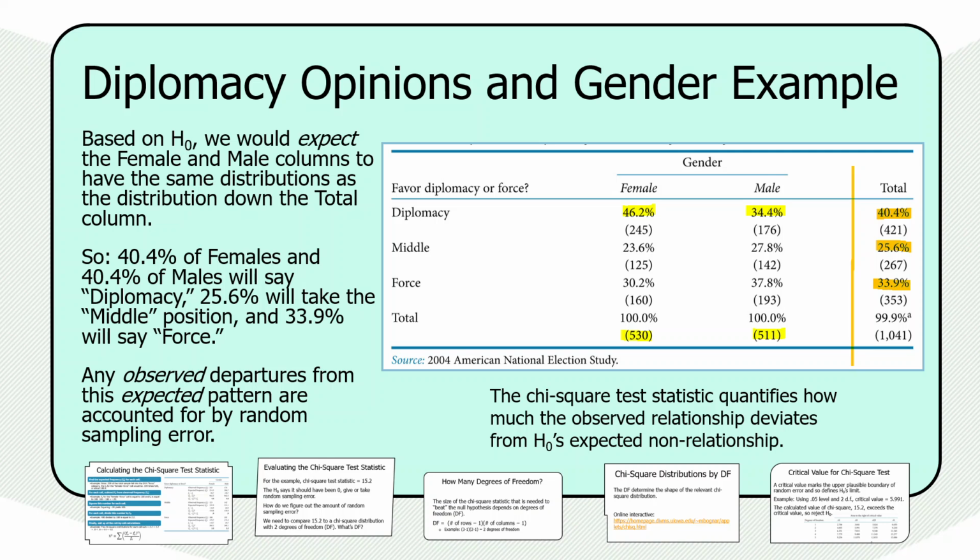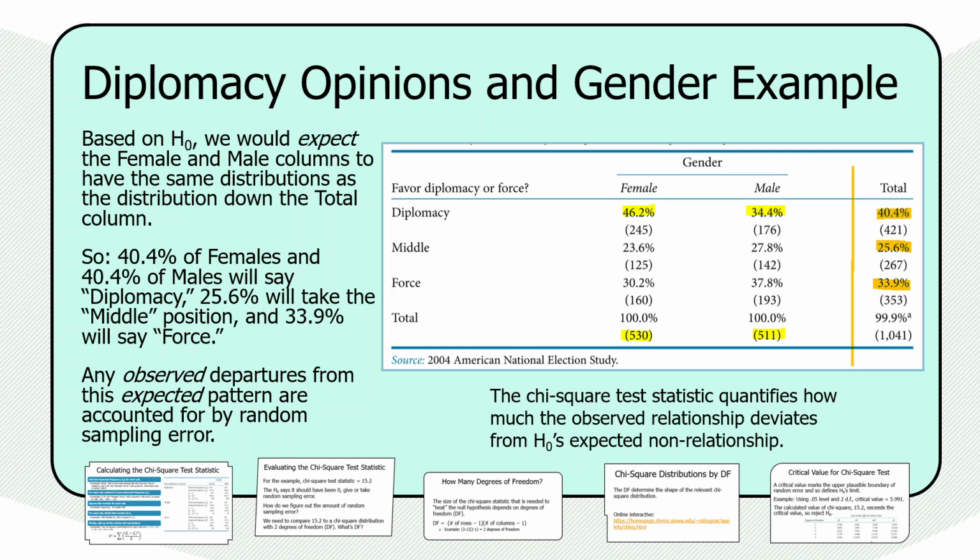So the null hypothesis focuses on this marginal distribution and says that if 40.4% of the total sample favored diplomacy, then any way you divide up this sample, by gender, by race, by income, by education, 40.4% of whatever category you're looking at will favor diplomacy over force.